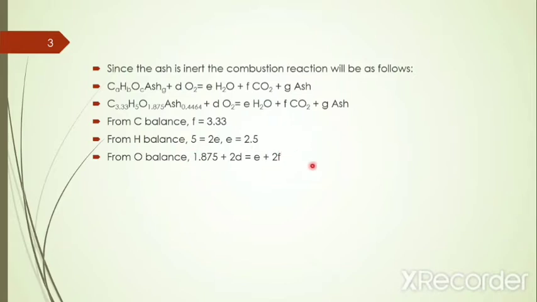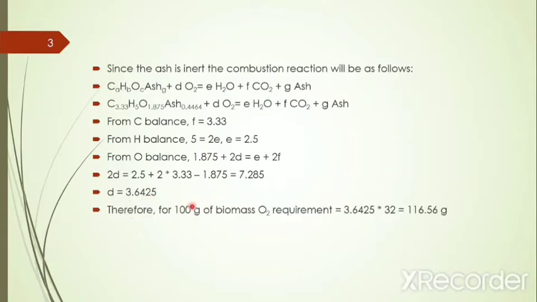So this is our equation for balancing oxygen: 1.875 plus 2d is equal to e plus 2f. Now we already have e and f, 2.5 and 3.33. Substituting that, we get 2d equal to 2.5 plus 2 into 3.33 minus 1.875, that is 7.285. So d is 3.6425. So we have found all of d, e and f. d is 3.6425.